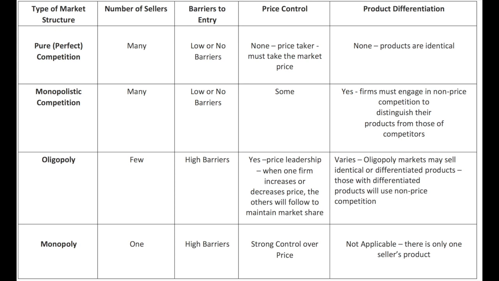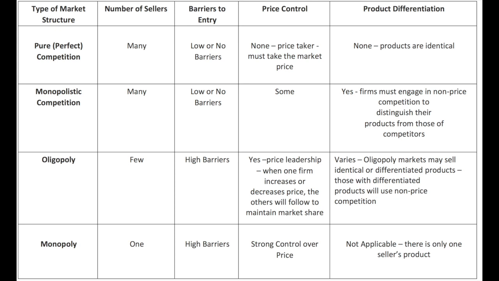How about price controls? What type of controls do businesses in this market have? Can they decide what the price is going to be, or do they have to just kind of go along with what everybody else says? Or can they just set the price themselves? And then products. Are the products being offered by different businesses in this market very different? Or is each company producing a product that's kind of the same as the other one?